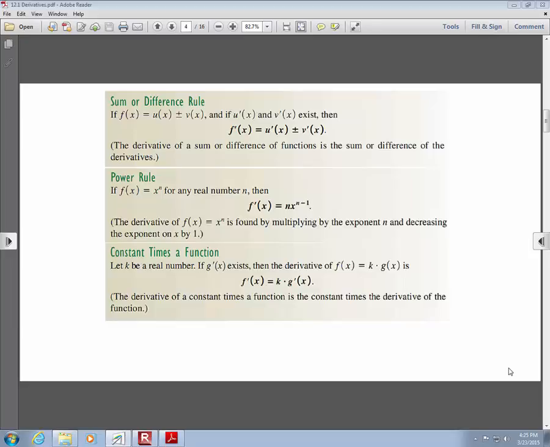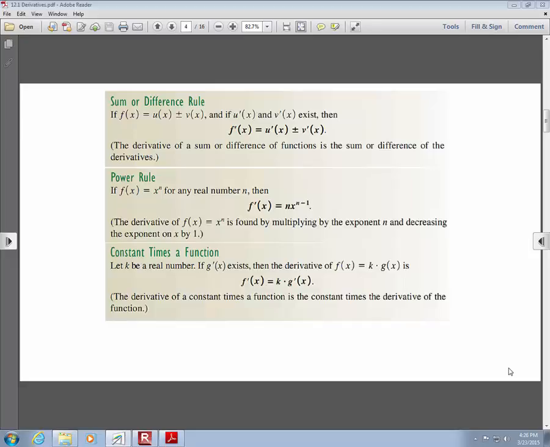So the last example, we did the sum and difference rule. All it's saying is if you're given a function where it's a sum or difference of functions, let me say it's 2x cubed minus x squared. Okay? What do I have here? The functions, right?